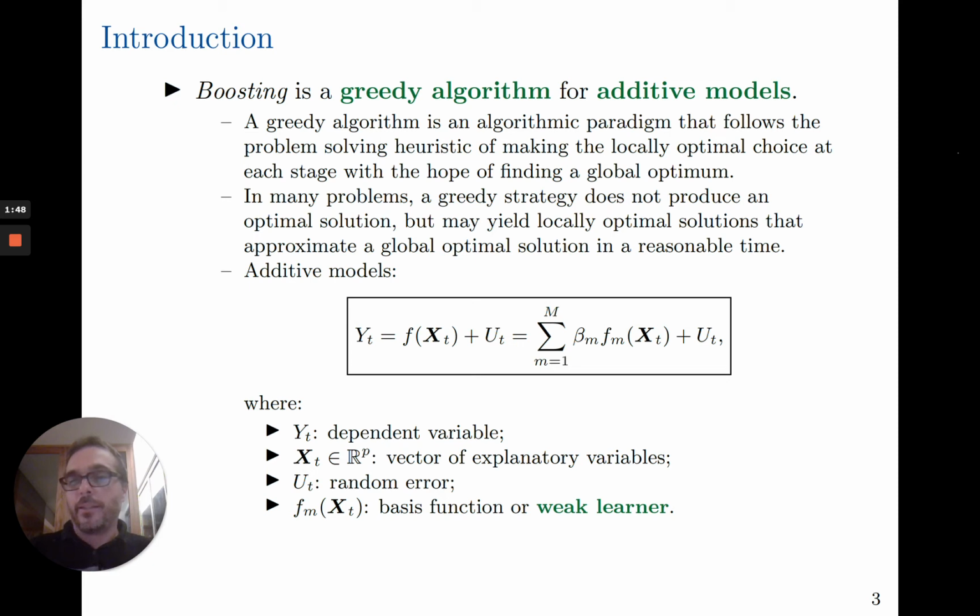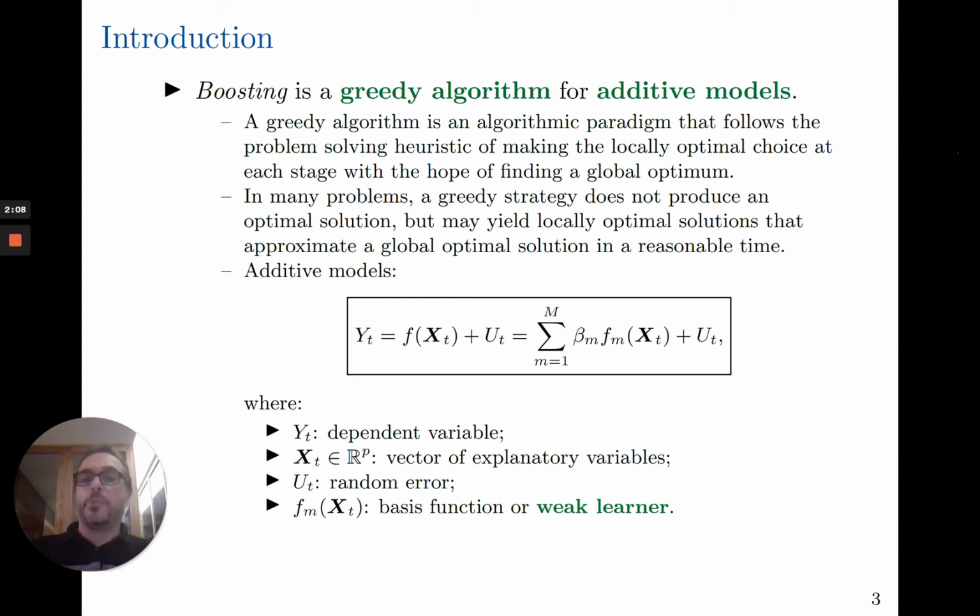So basically, an additive model, we can define it very broadly for a nonlinear mapping between x and y. So we have y as our dependent variable, we have x as our vector of covariates, explanatory variables, and u is the error term.